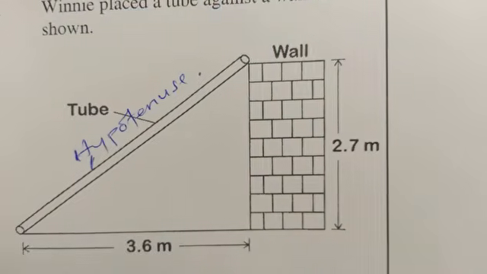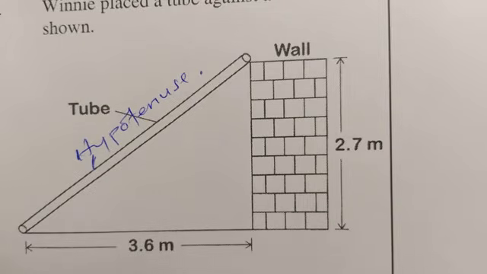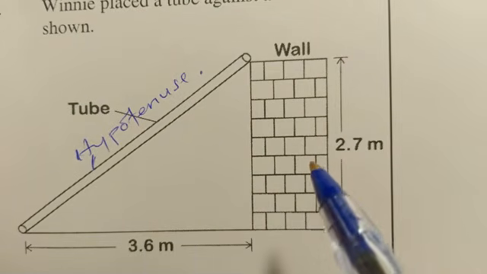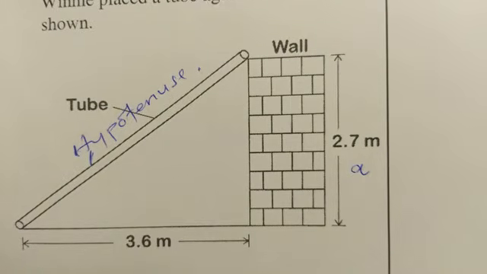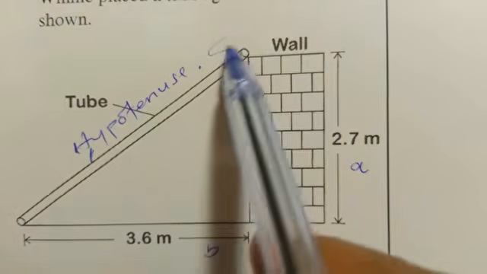Back to our triangle, we can call this our side a, our side b, and our side c.